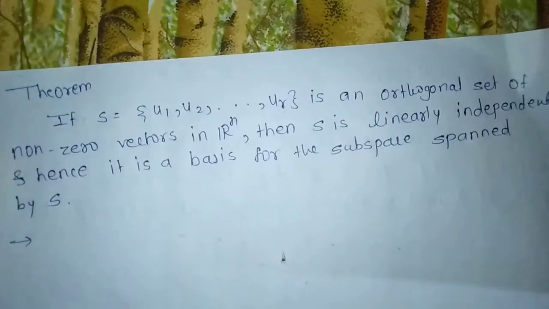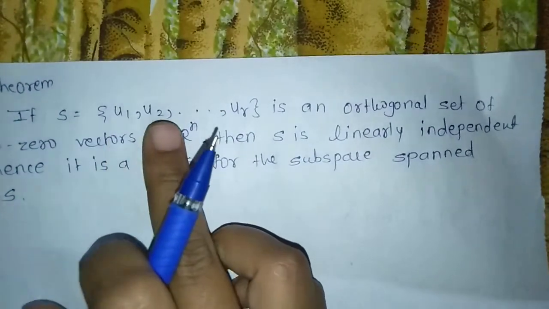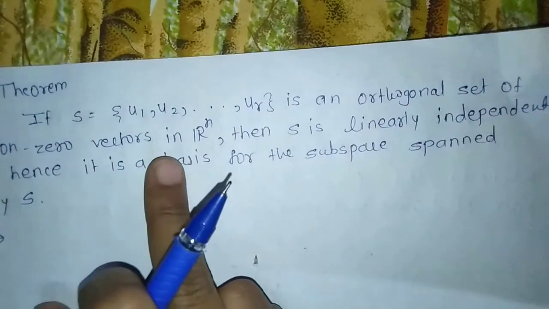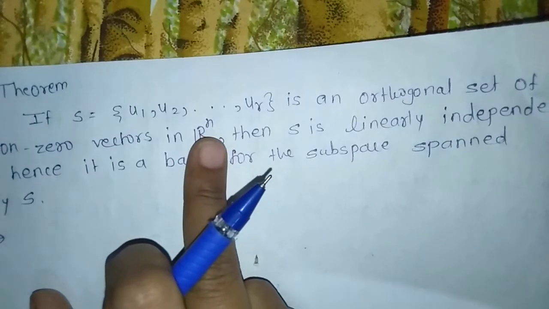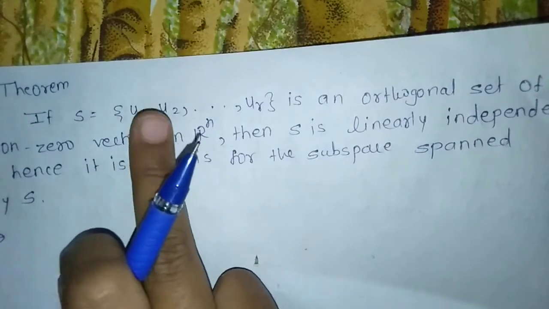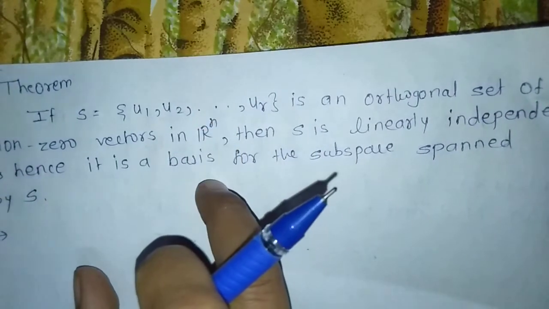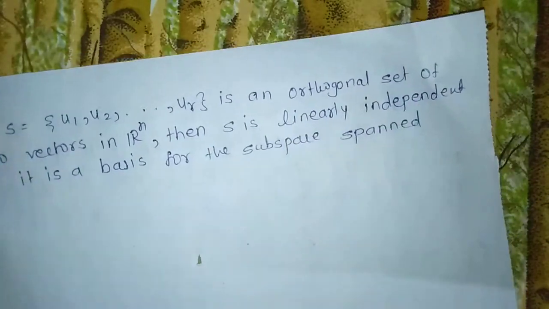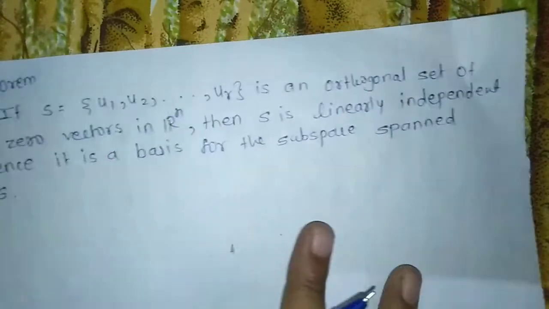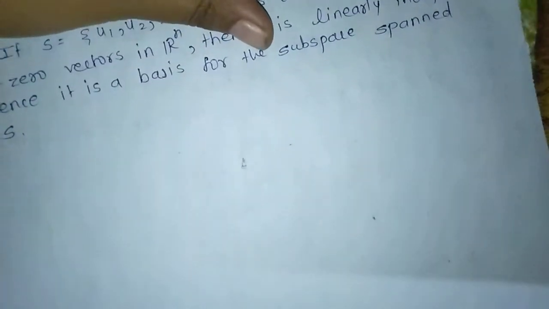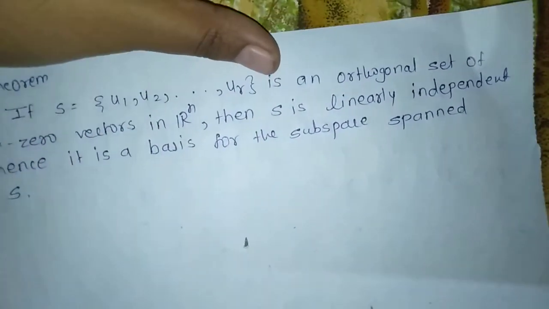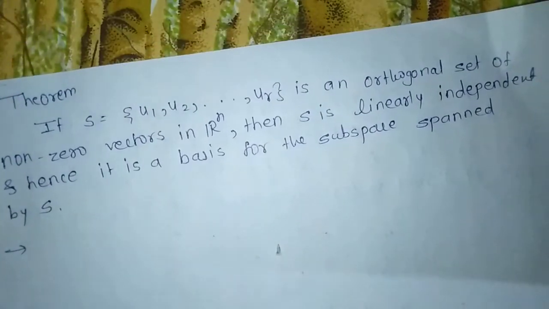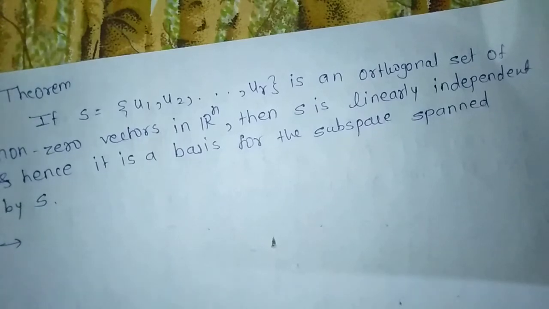Next theorem: if S is equal to the set {u1, u2, ..., ur} is an orthogonal set of non-zero vectors in Rn, where Rn means u1 contains n number of elements, u2 contains n number of elements and so on, then S is linearly independent and hence it is a basis for the subspace spanned by S. Means S is given to us as an orthogonal set, meaning u1 dot u2, u1 dot u3 and so on, equal to 0, that is ui dot uj equal to 0 whenever i is not equal to j.